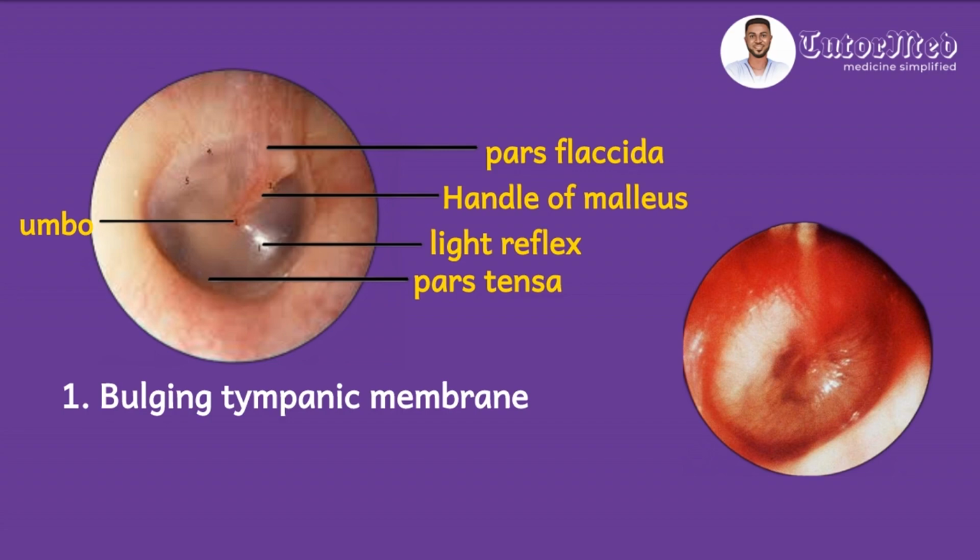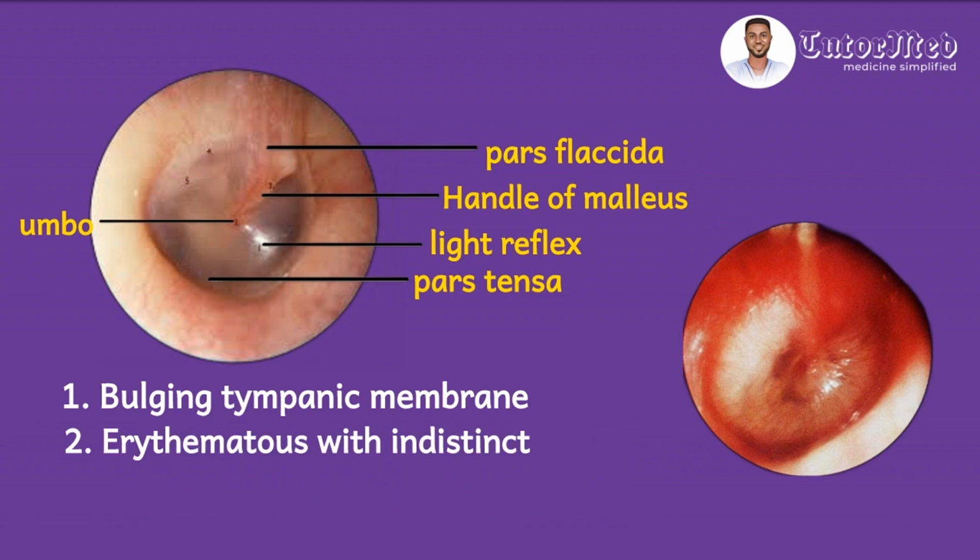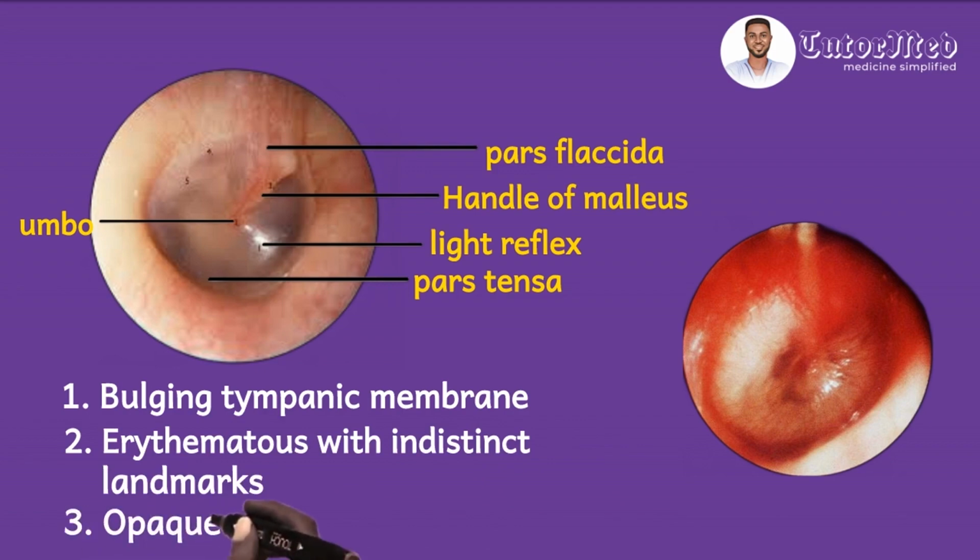Then as well, there's an inflammation, and so the tympanic membrane will be reddened, so you have an erythematous tympanic membrane with indistinct landmarks. We can't really see the handle of malleus, we can't see the umbo, we can't see the cone of light, etc. Then it will be opaque, again because of the inflammatory process.